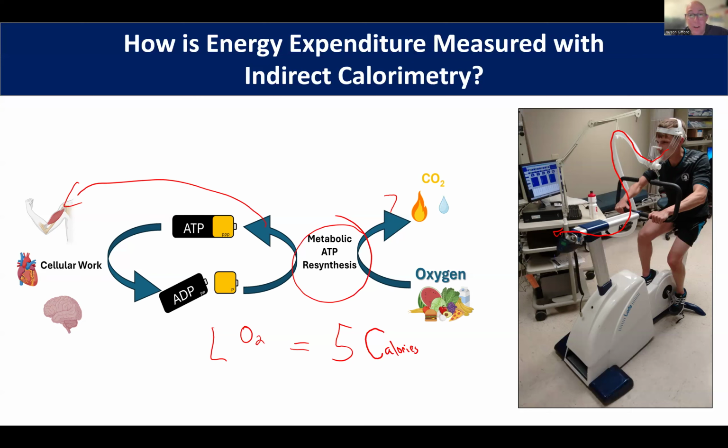So for every liter of oxygen that I use during exercise, that's roughly 5 calories burned of food and other energy sources. If you're doing intense cycling exercise, he might be at 3 liters of oxygen per minute. That would mean he's burning 15 calories per minute.